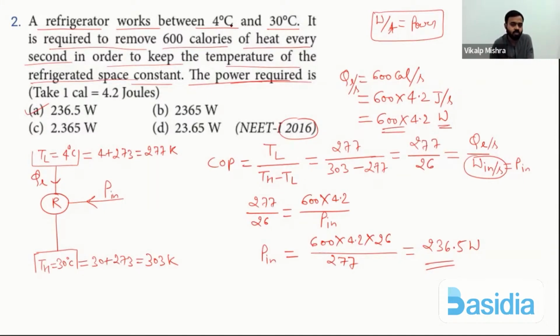In the question, both temperatures are given, lower and higher, so put lower temperature and higher temperature here in Kelvin, and we will get the COP. Now in the question, heat extracted per second is given, and they are asking work input per second, that is the power. So simply put heat extracted per second here and find the work input, or we can say power input in watt. That's it.